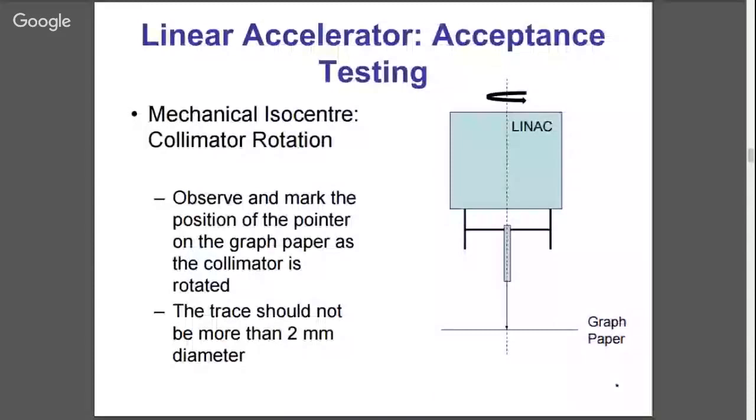We can then put some graph paper underneath it, and if we then rotate the collimator, so we're rotating the head of the linear accelerator, what we're looking to see is that the front pointer doesn't move around significantly. We want better than 1 millimeter, 2 millimeters.